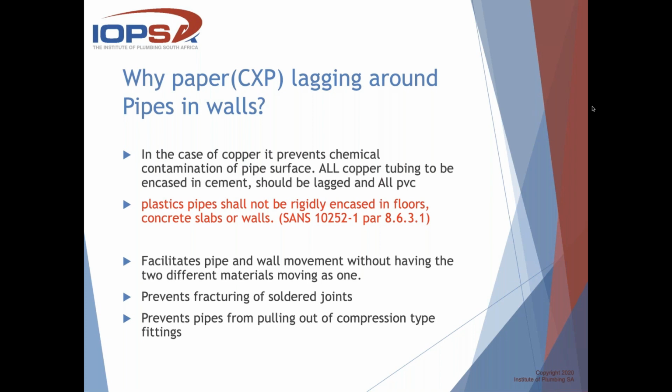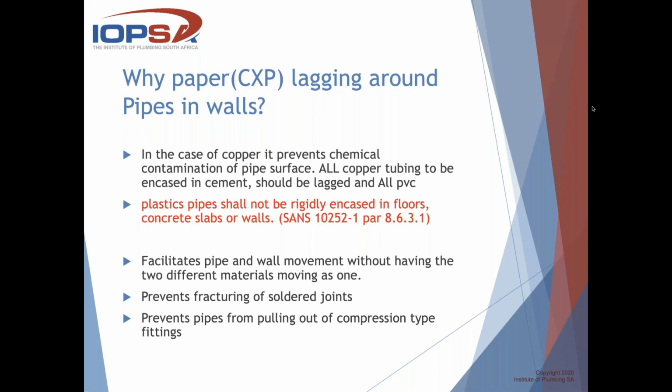But what about plastics? If we go further into the standard, SANS 10252 Part 1, Paragraph 8, it says explicitly, plastic pipes shall not be rigidly encased in floors, concrete slabs, or walls. What does that mean? You can't put it in like that. You have to lag it. You've got to put it in a sleeve or whatever the case may be.